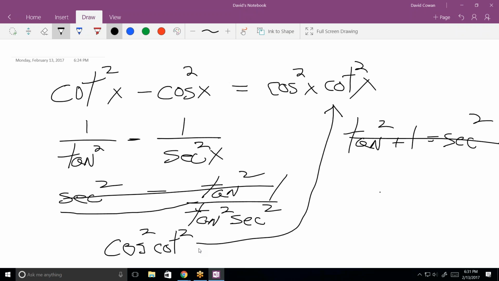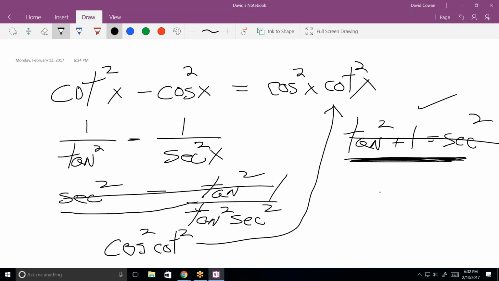Okay? And notice that, like I said, we rarely see tan squared plus 1 equals secant squared. What we frequently see is secant squared minus tangent squared. The key thing is to remember your Pythagorean identity, tangent's related to secant.